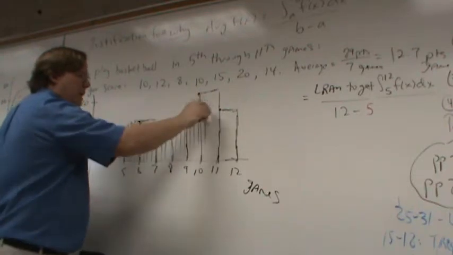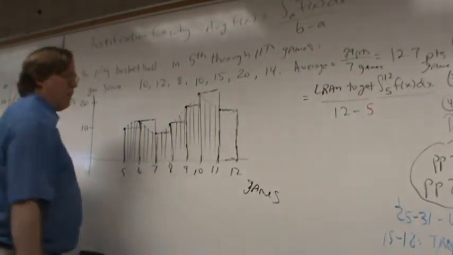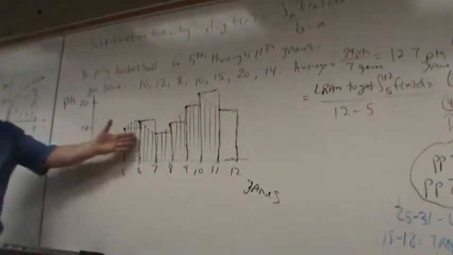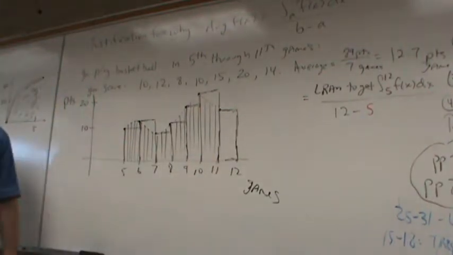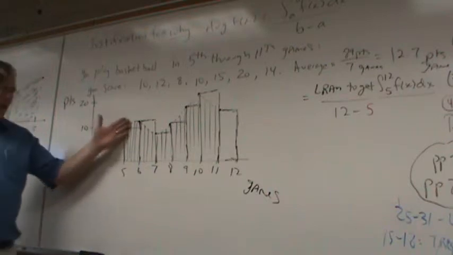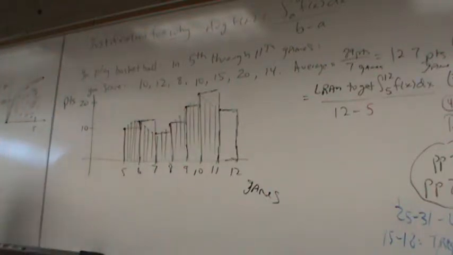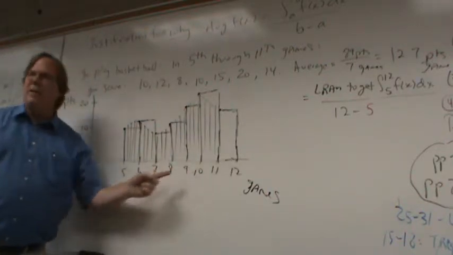Well, you can still get the average value by adding up a bunch of rectangles and dividing by the width of the region. That's how you get the average value of a function: you get the area between the function and the x-axis and divide by the interval.